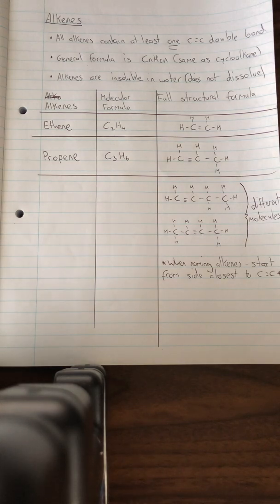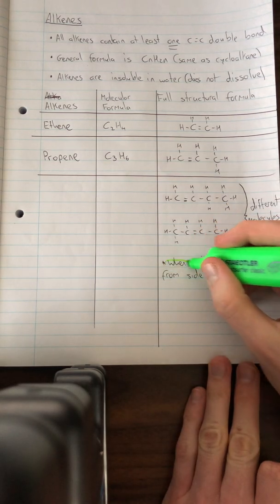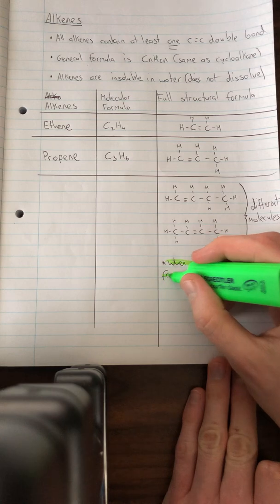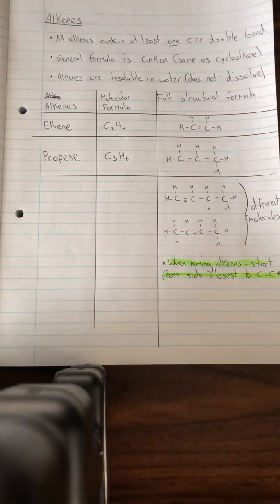Okay, and that there is so important. We start from the side closest to the carbon to carbon double bond.